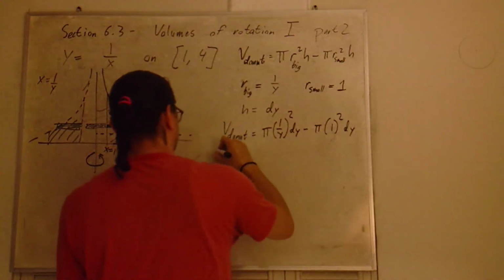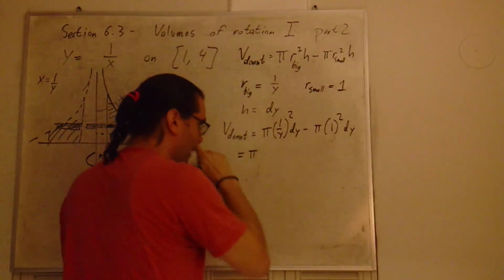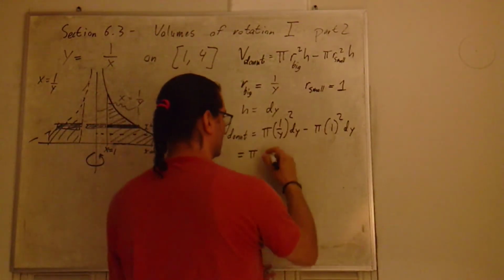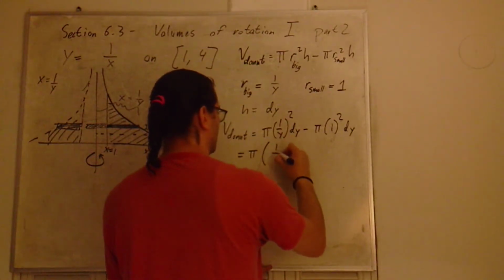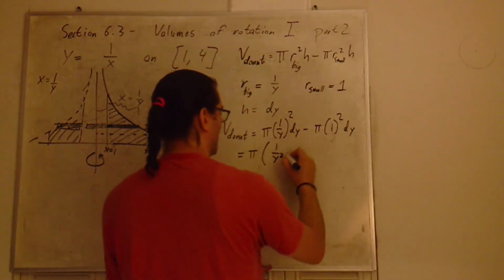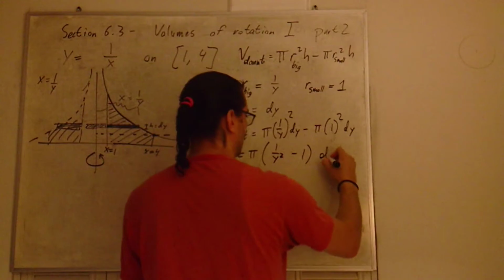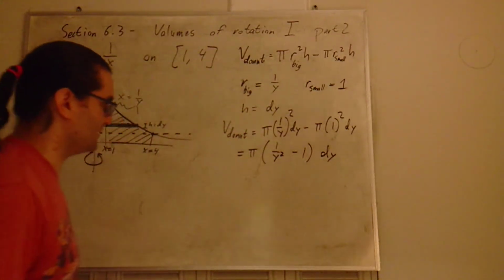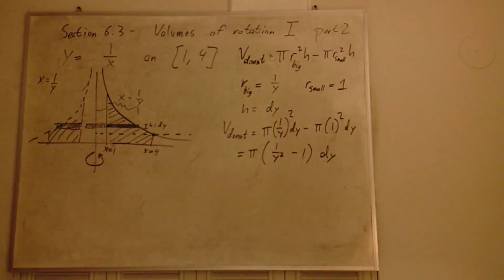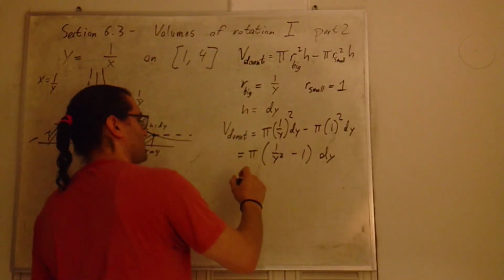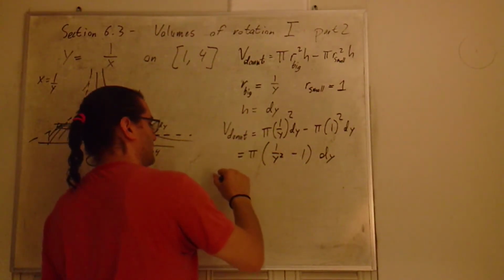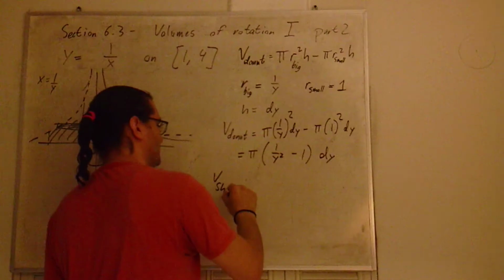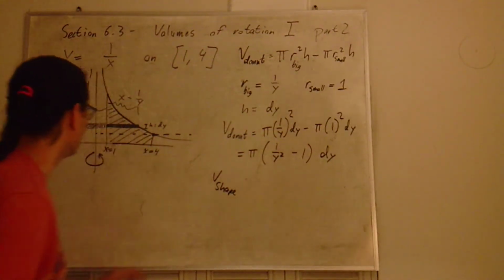We can factor out the pi in front. We can say that the rest of the volume is 1 over y squared minus 1, and we can factor out the dy on the back end. So this is going to be the volume of our donut. We can find the volume of our shape. I guess I should talk about the shape a little bit.